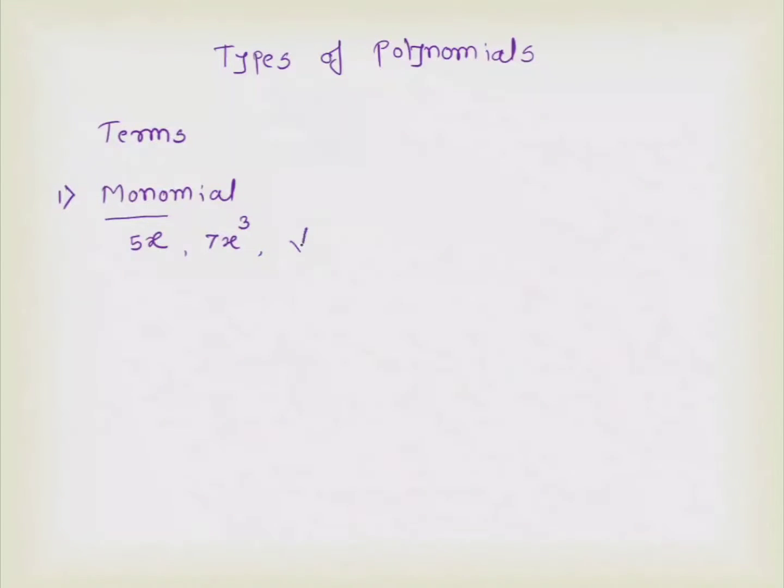Or if we have root 3, then it is also a polynomial which is a constant polynomial, but we should consider here that it is a polynomial which has only one term, that's why it is also called a monomial. So here we know that the constant polynomial can also be expressed in the general form of a polynomial.